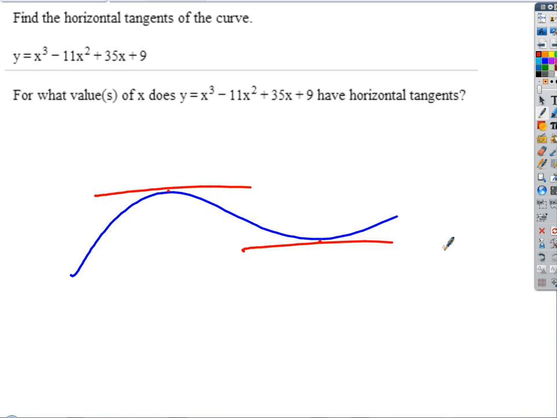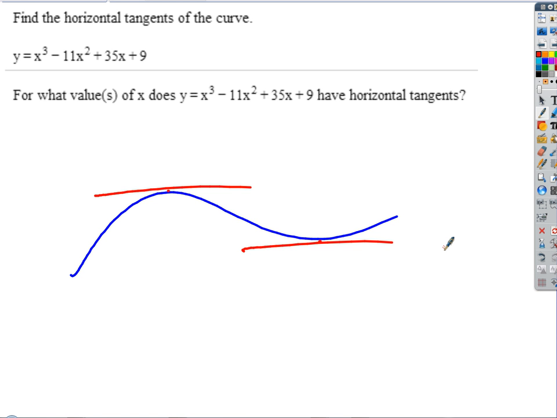But that's exactly what we do here. When we think of derivative in calculus, we're always thinking slope, so derivative and slope are one and the same. So we're going to set the derivative equal to zero and solve for x.